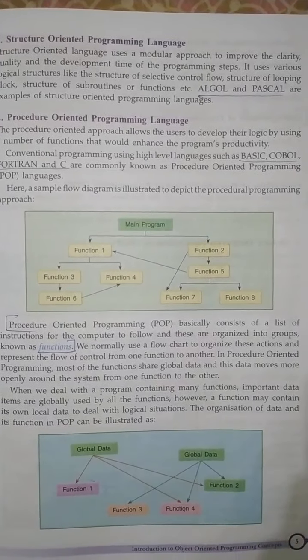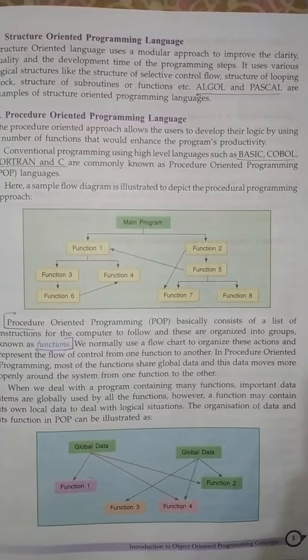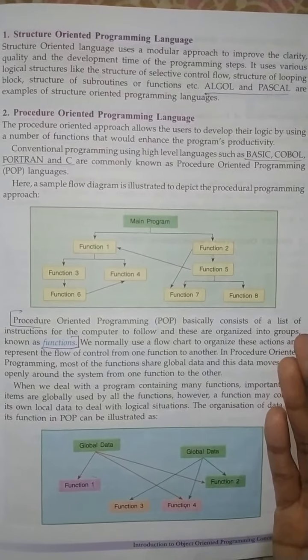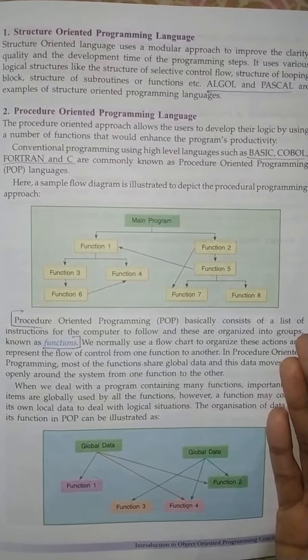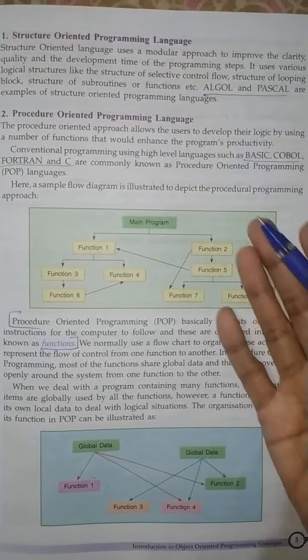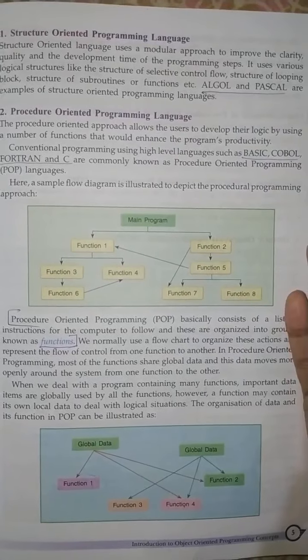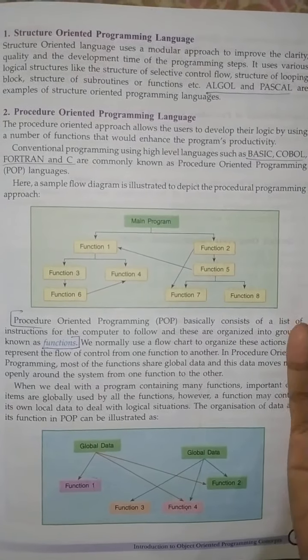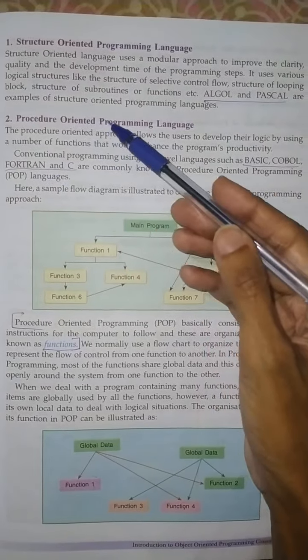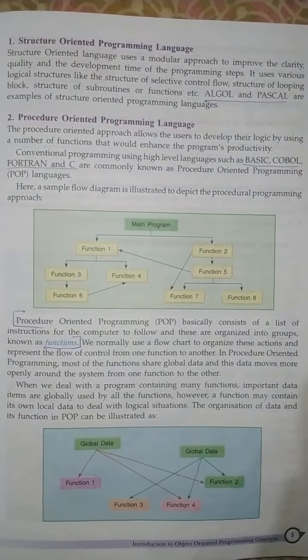If you take a complex program, you need to categorize it into many functions. So that will be very difficult to maintain. So in procedure oriented programming language, everything is based on functions. It mainly focuses on functions. So you can write this example for procedure oriented programming language.